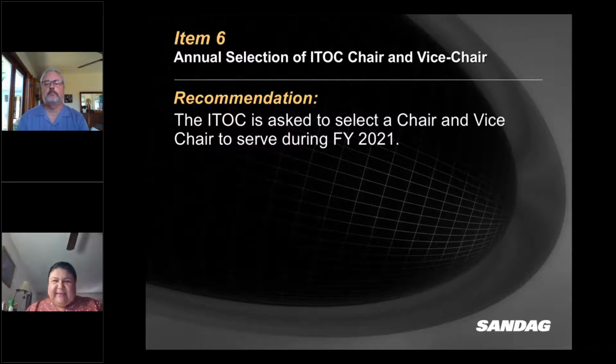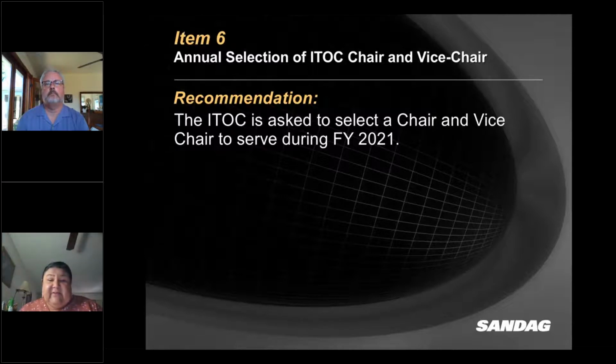So good morning. As you said, it is time for a change in leadership. At the beginning of each fiscal year, the ITALC is asked to select a new chair and vice chair to serve a 12-month term. Duties of the chair include running ITALC meetings, working with staff to set meeting agendas, and serving as the primary spokesperson for the ITALC to the board of directors, the transportation committee, other groups and organizations, and the media.